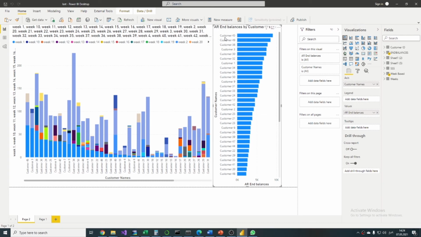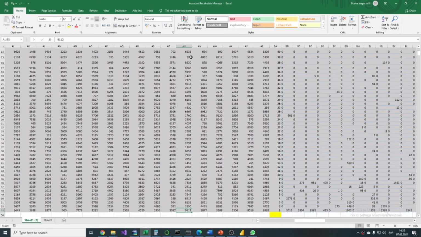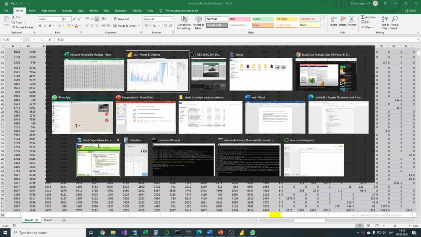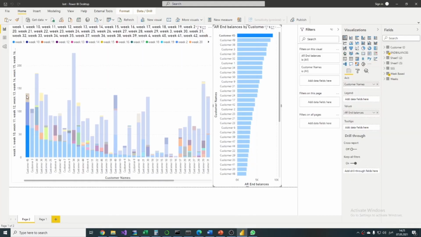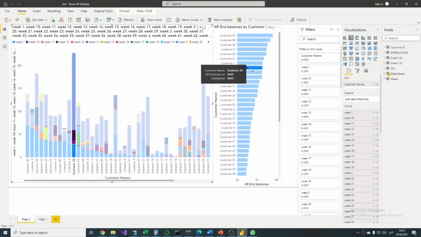Here is customer 45, whose accounts receivable amount is 9,000, but its attributed loss is more than 100, because most of this amount comes from the first weeks, across 9 weeks, 52 weeks and the first weeks.